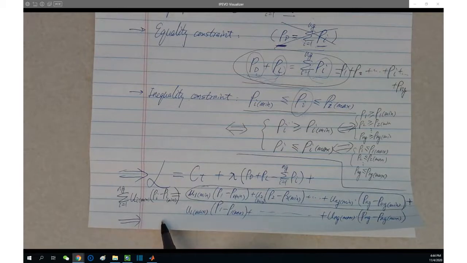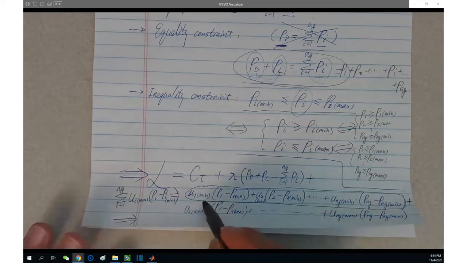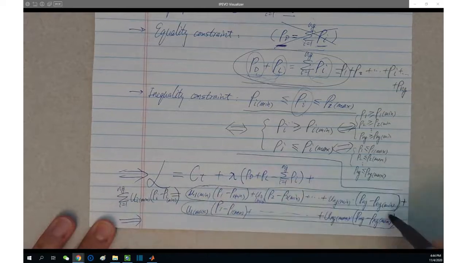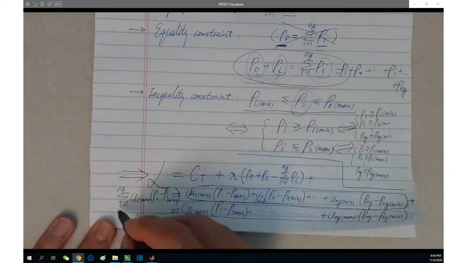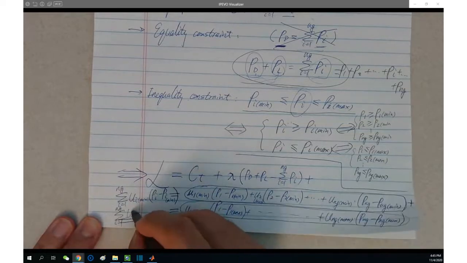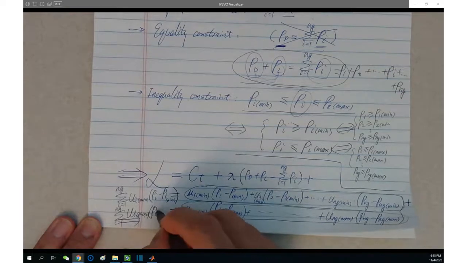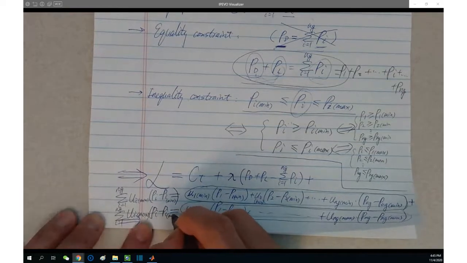And the same for the second one, which can be written as the summation of UI maximum times PI minus PI maximum.